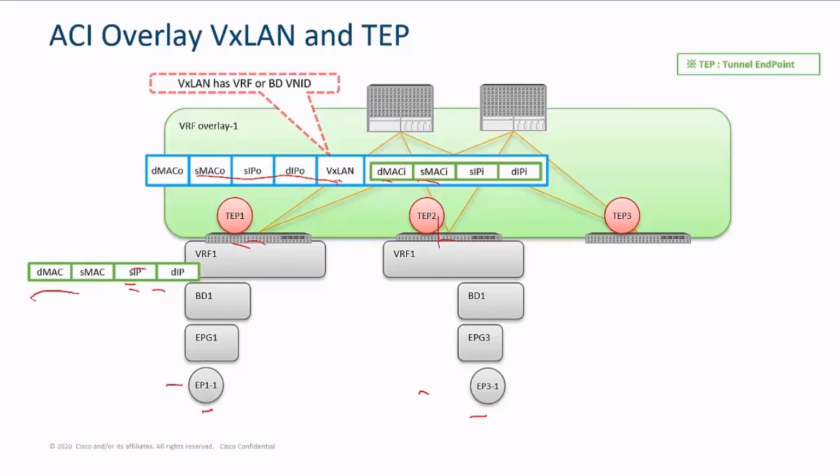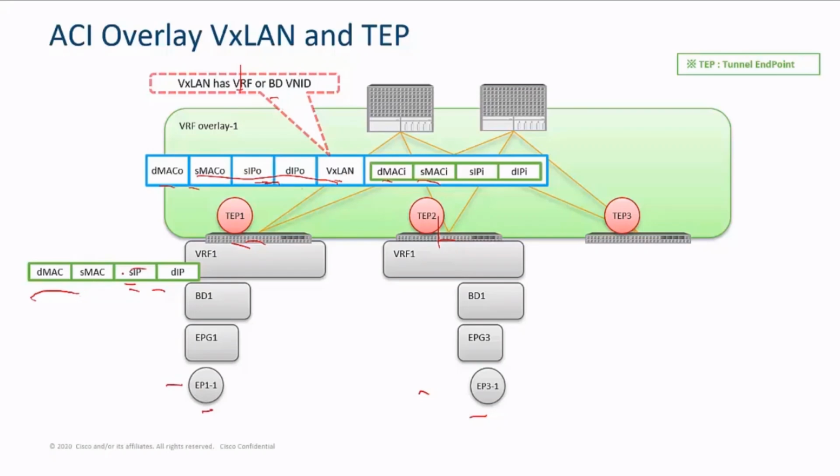That outer header has a VXLAN header, an extra IP header, referred to as the outer IP header, and an outer MAC address as well. I'll talk a little bit about the VXLAN ID. Every VRF and every bridge domain created in ACI has its own VXLAN VNID.